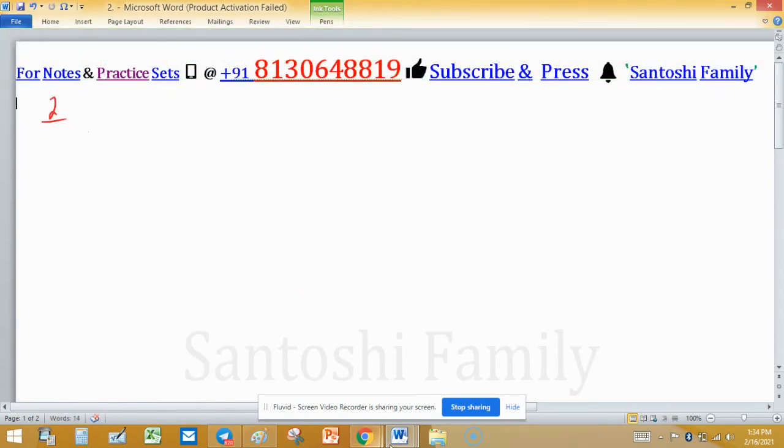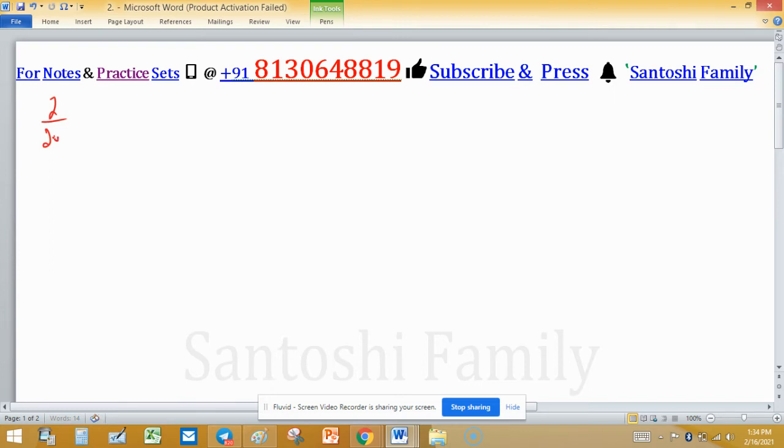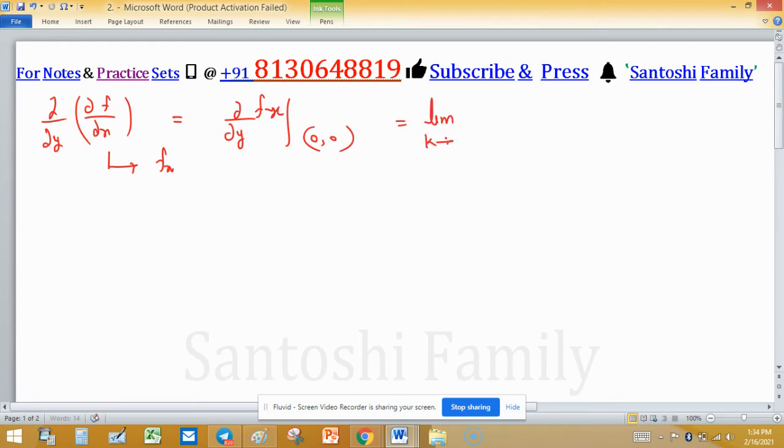So the partial derivative with respect to y of the partial derivative of f with respect to x. This can be written as fx. So it will be del upon del y of fx at the point (0,0). This will equal the limit as k tends to 0, because it is with respect to y.